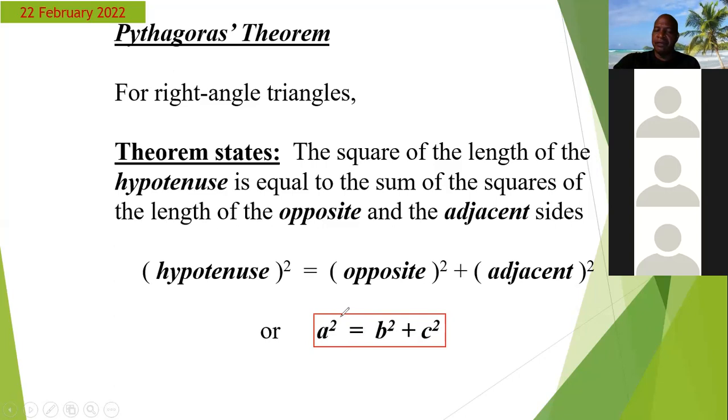So even though the formula is saying a square equals b square plus c square, this can only be used in this order if we know that the side of the hypotenuse is actually a, the side of opposite is b, and the side of adjacent is c. So at all times, the hypotenuse length must be on the left-hand side of the equation for the formula. So that's something that you should bear in mind.